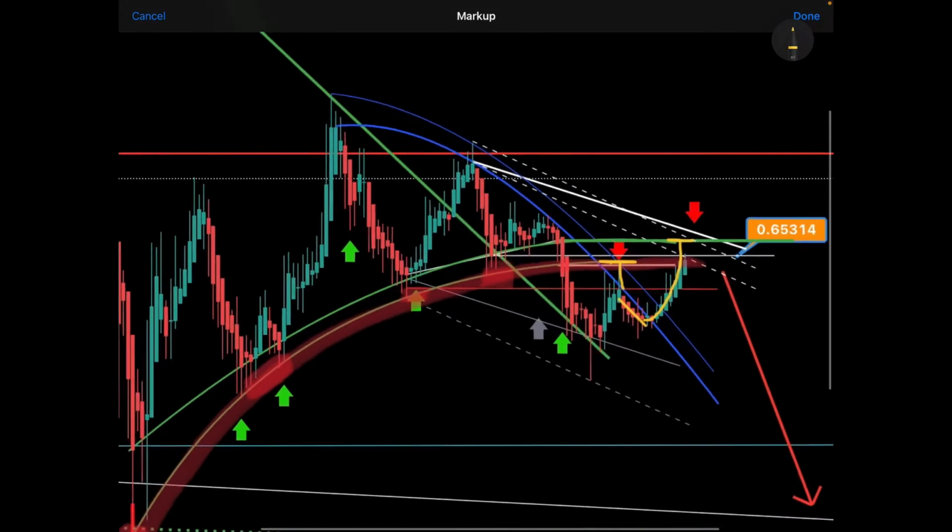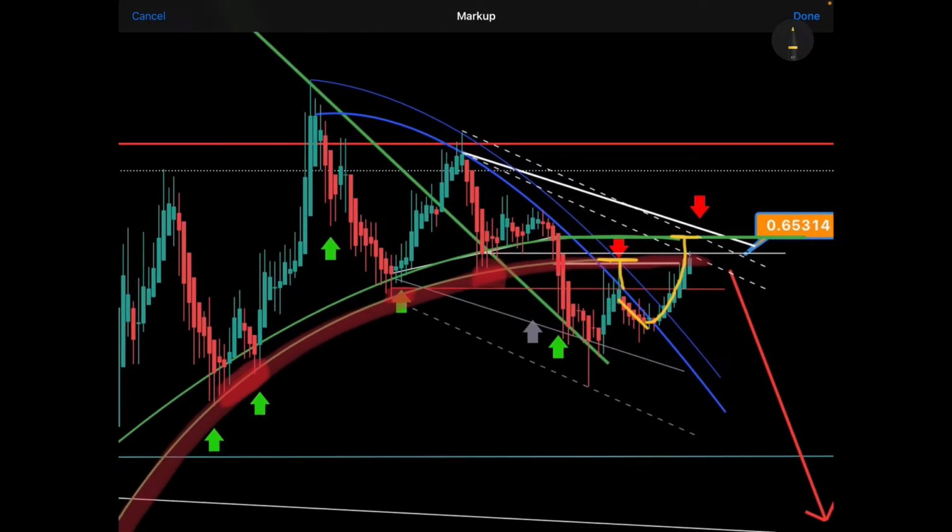And it got stopped out because if we connect the wicks of these last two lines and then clone that line, which we did at the peaks, you can clone them at the cores as well.